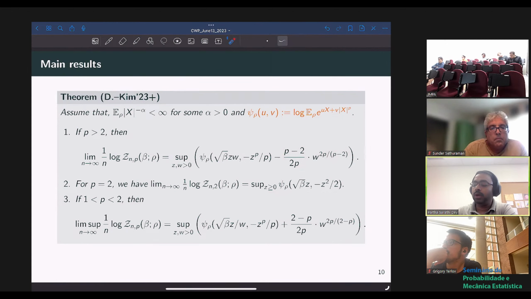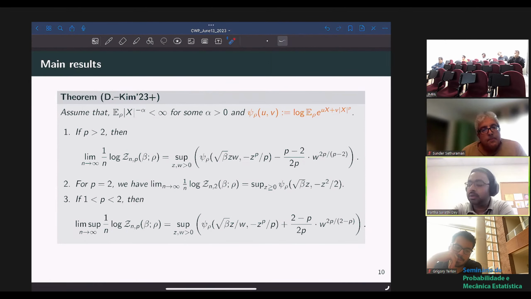And when p is between 1 and 2, we get a similar thing, we just have to make sure that we write it in the right form. But it's basically the same formula, just this will become 0 in the p equal to 2 case. Okay? So under this minimal technical assumption, one can actually show the limiting behavior for this log-partition function.